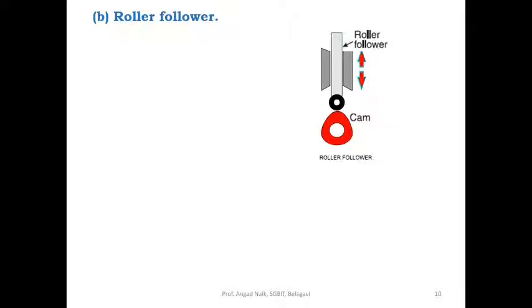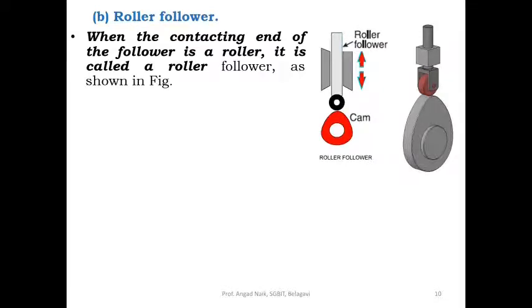The second one is the roller follower. A roller follower will look like this. There is a roller which has a circular end, which is rolling on the surface of the cam. A 3D model will look like this. When the contacting end of the follower is a roller, it is called a roller follower, as shown in the figure.